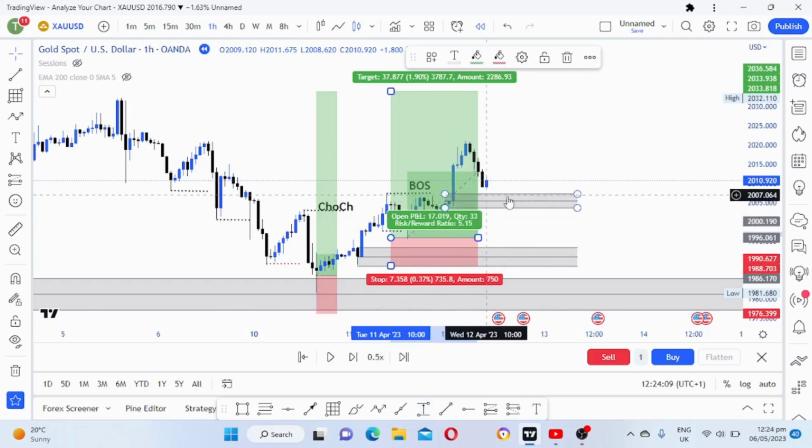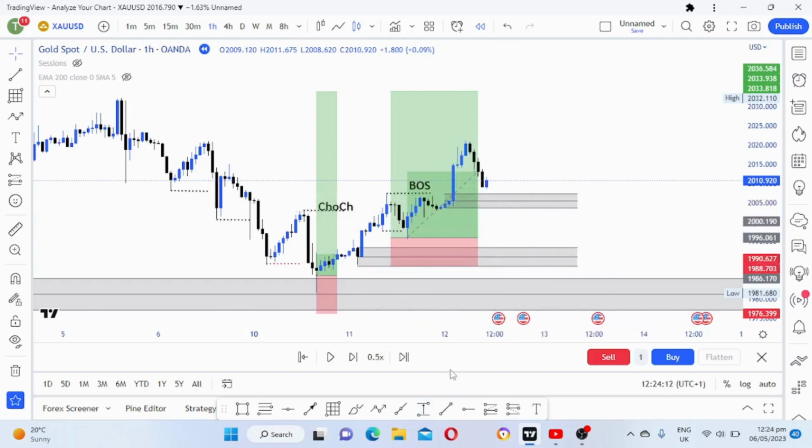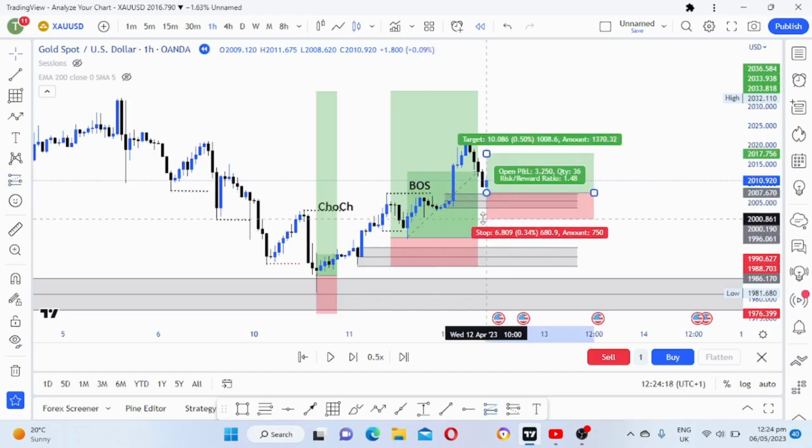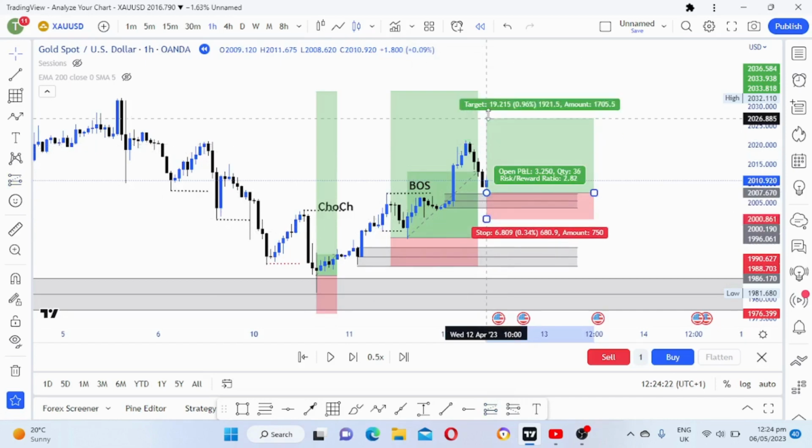Where? Just here. You put your stop loss where? Just below this low here. You see how tight it is, and then you target this high here.